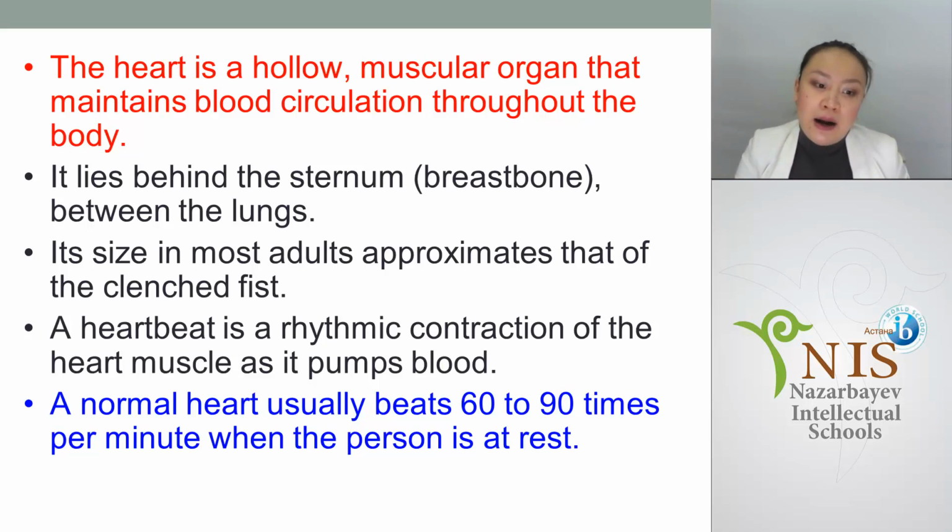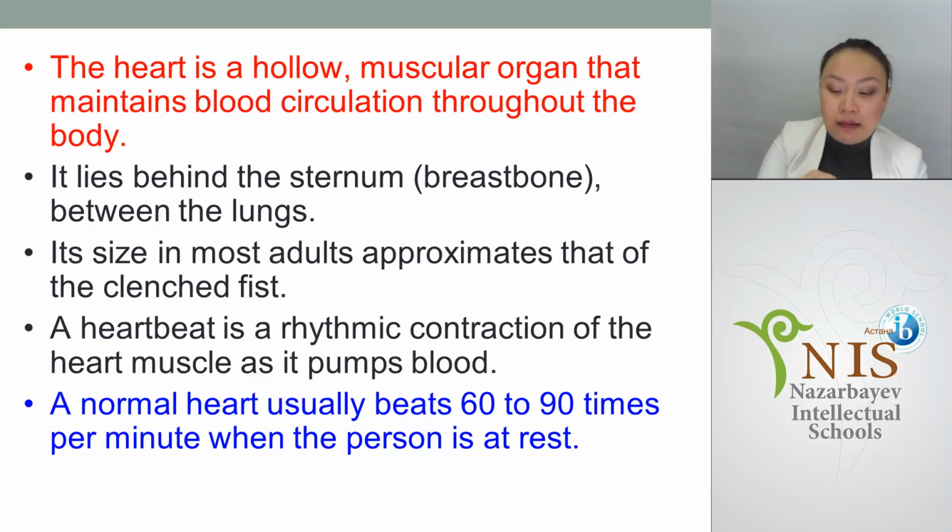The heart lies behind the sternum, between the lungs. Its size in adults approximates that of a clenched fist, like this. For example, my heart is the size like this, and yours like your fist.